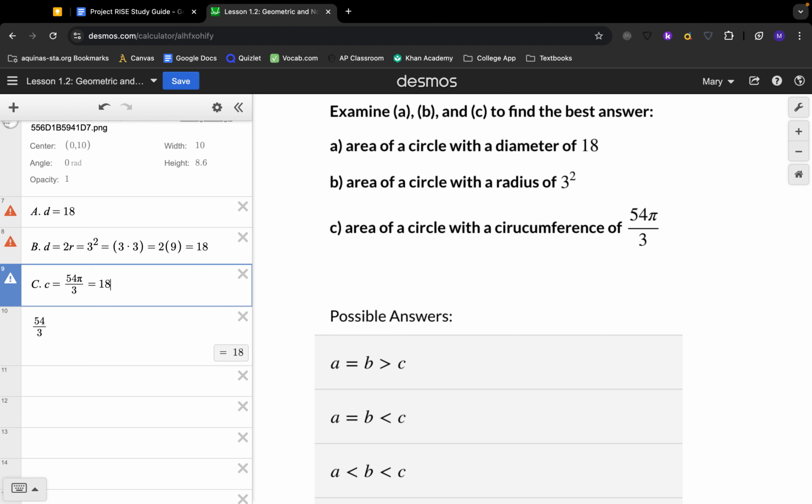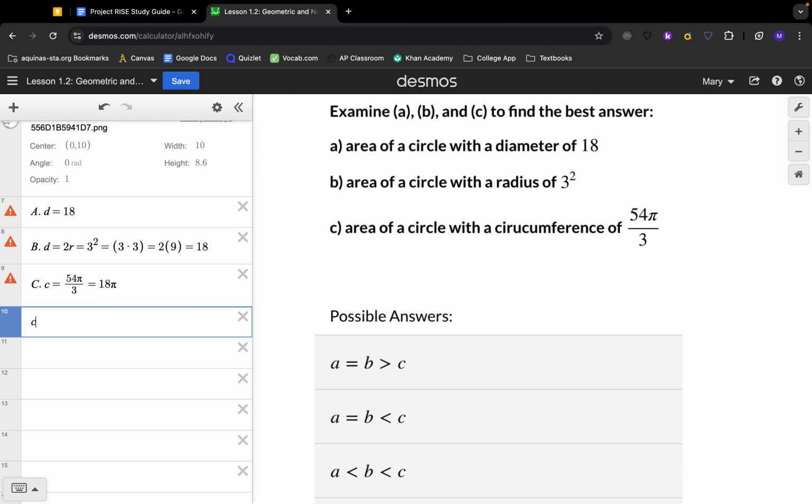So our simplified answer is 18 pi, and then you should know that our circumference formula equals D times pi, the diameter times pi. So if our C equals 18 pi, then if we divide both sides by pi, we will get our diameter D, which equals 18.